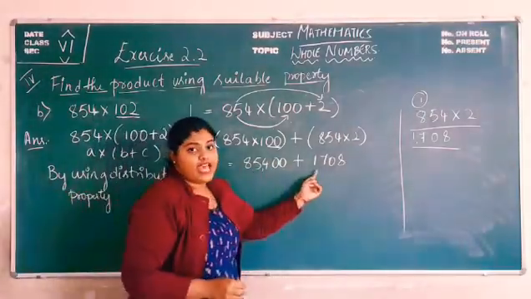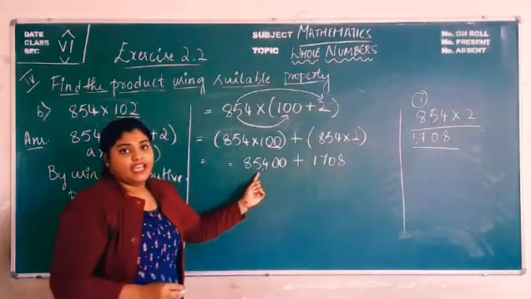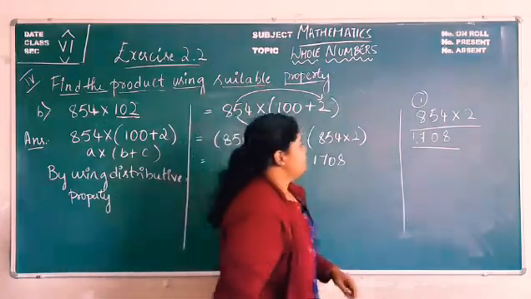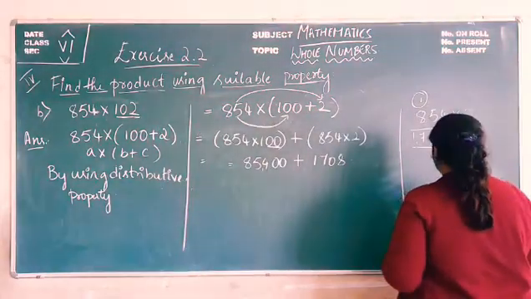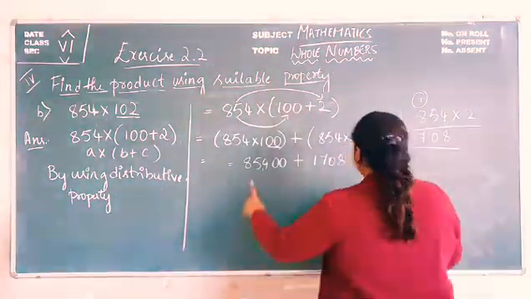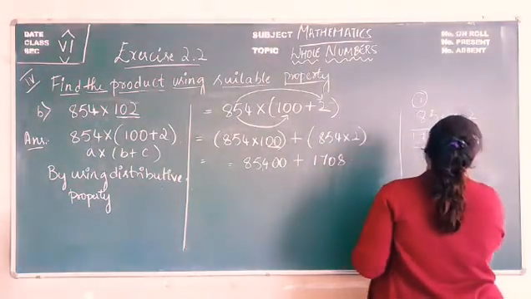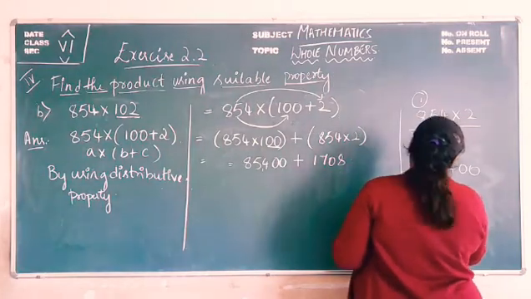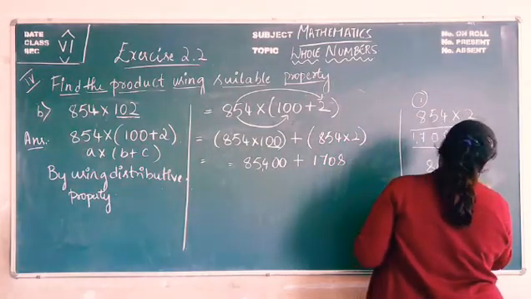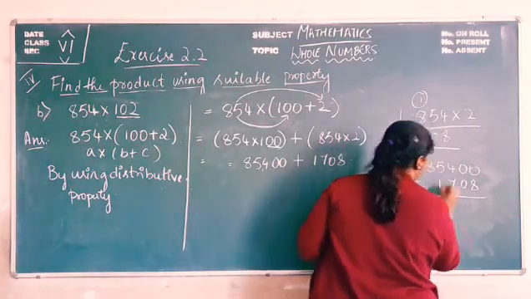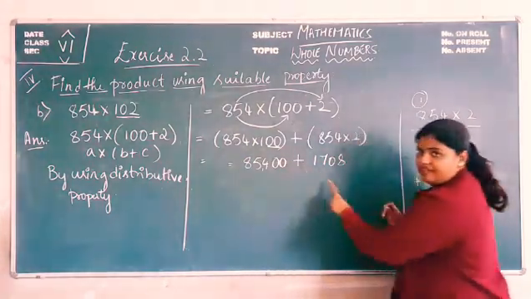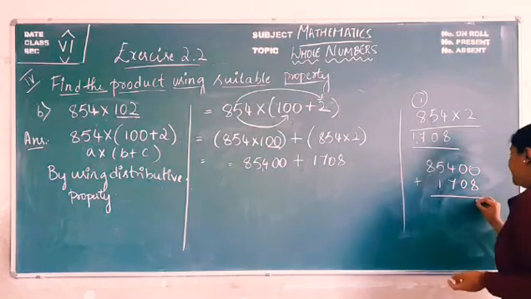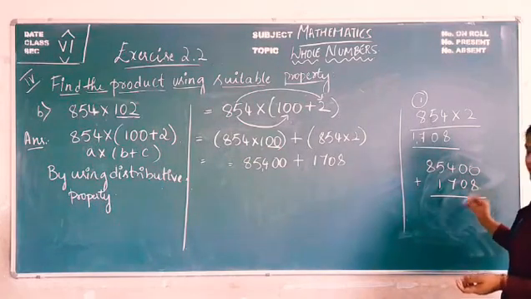Next. What is the next step? Yes, we have to add these two. So we have to add 85,400 plus 1708. Since we have a plus sign in between, we are going to add this. So 0 plus 8, 8. Then 0 plus 0, 0.